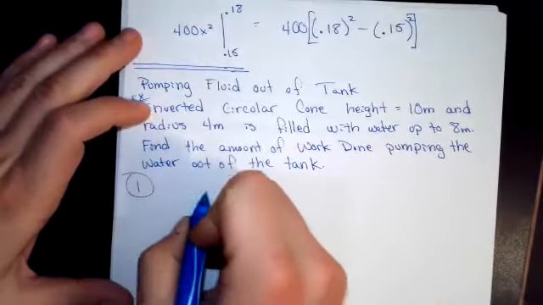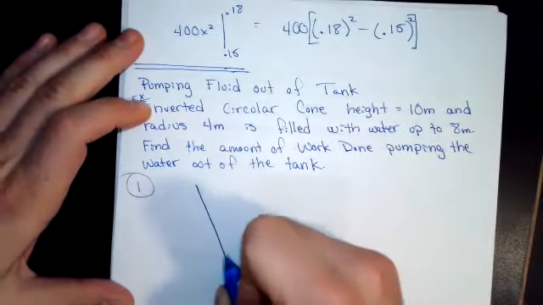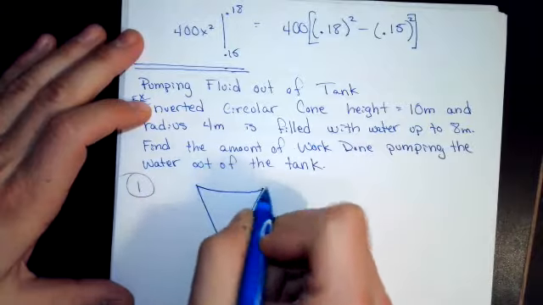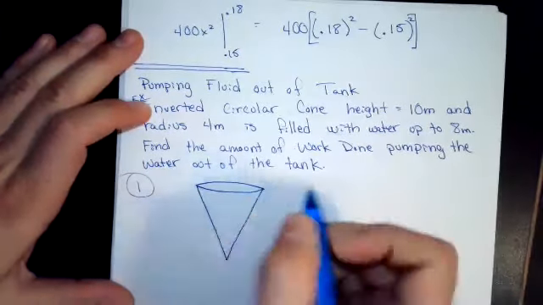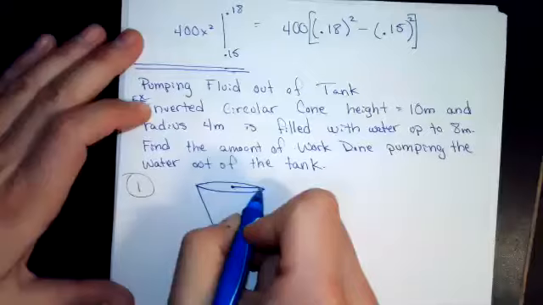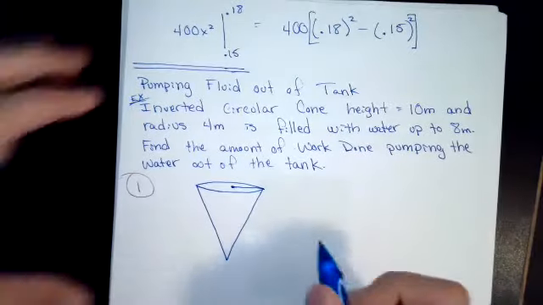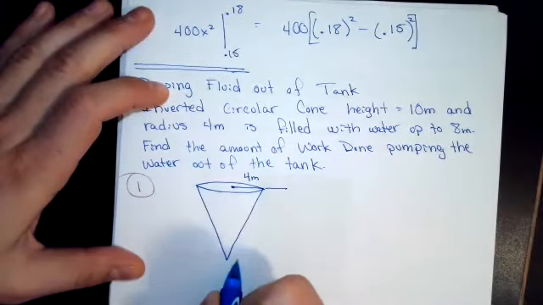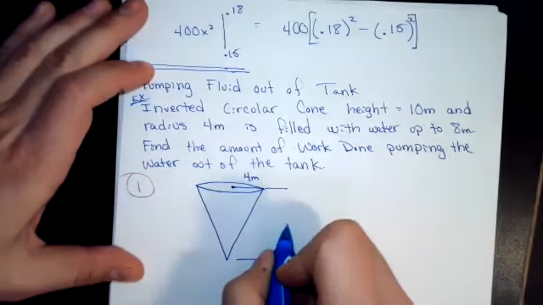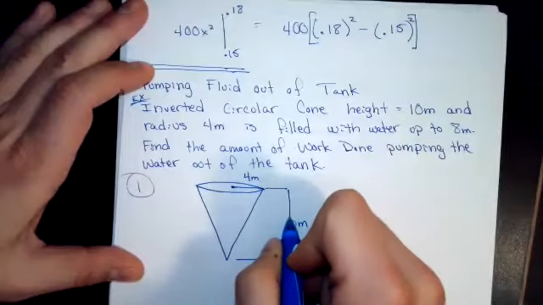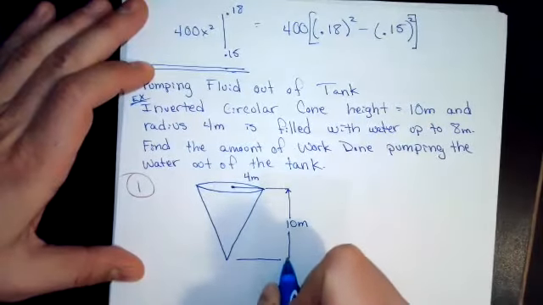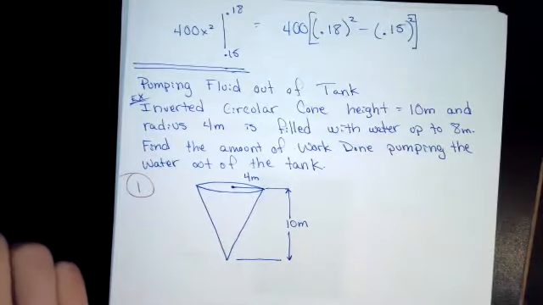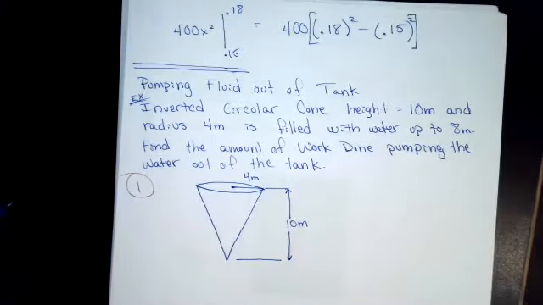So picture, got a cone, inverted, so it's sitting like this. We are given the height and the radius. So the radius is 4 meters and the total height is 10 meters. We fill it with water up to 8 meters.